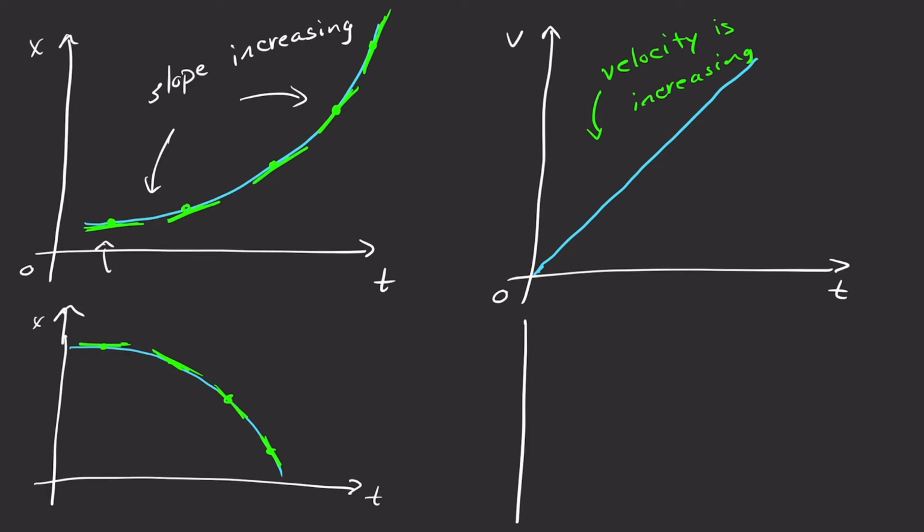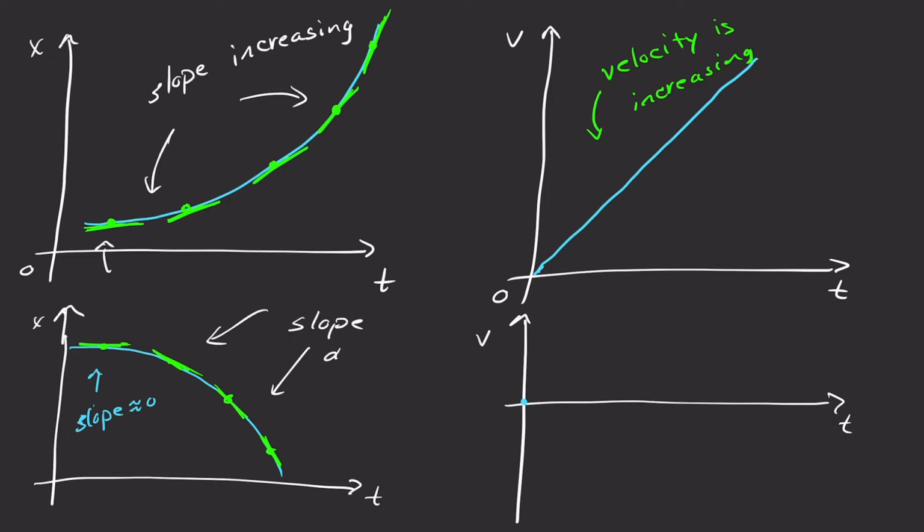Okay, actually let me do it right here. Velocity versus time. And so again, we said our velocity is starting roughly at 0 because the slope is 0. Okay, slope is roughly 0 here. And then it looks like slope is decreasing. So that means that our velocity should start at 0 and then it should decrease.